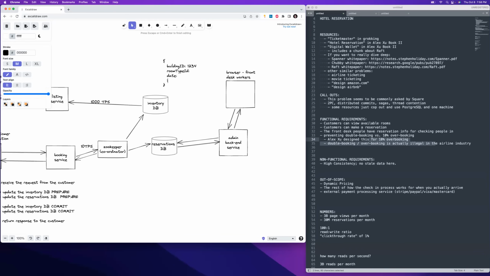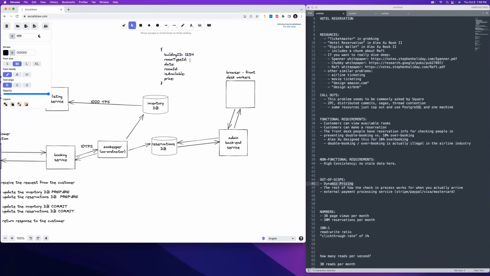So we're just going to have is available, and the individual room ID. So this is flattened where every single room in every single hotel has its own record, with a flag for whether or not it is reserved. When reserving, it's just going to flip it from true to false. And then we're also going to record the price here, at least for now, because I don't want to have dynamic pricing in scope.